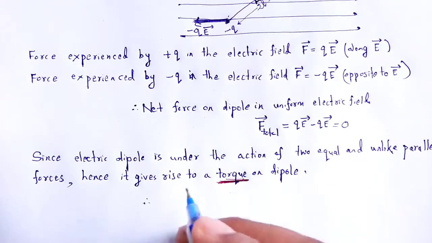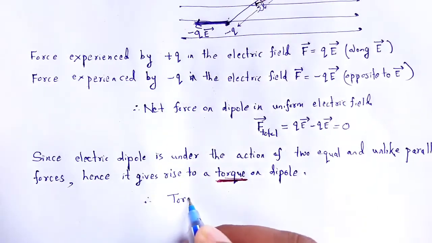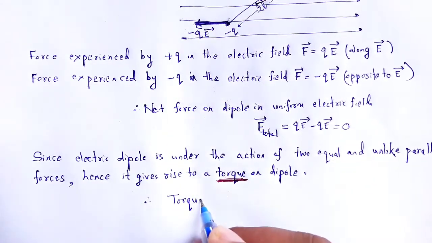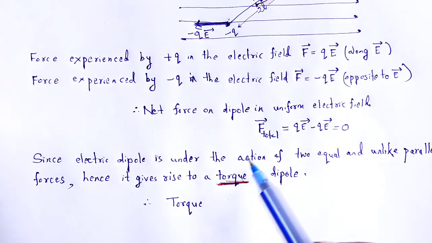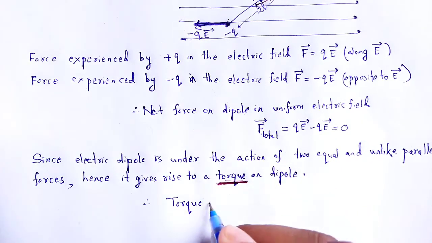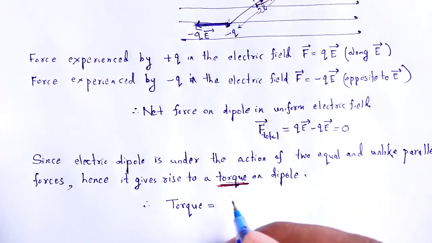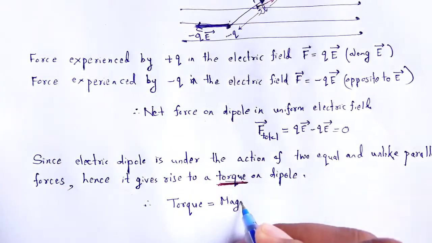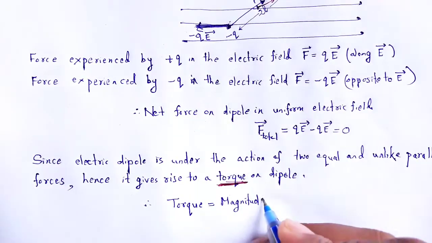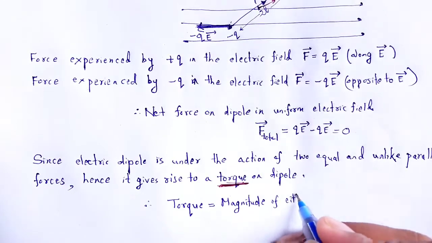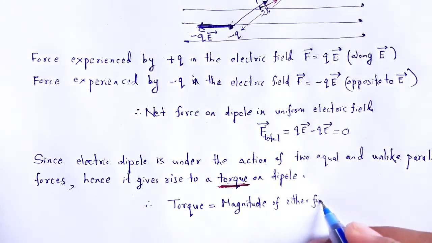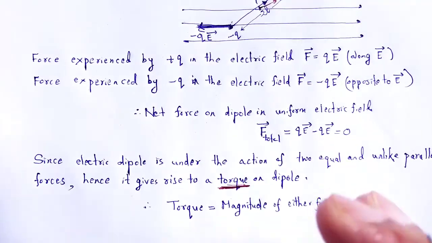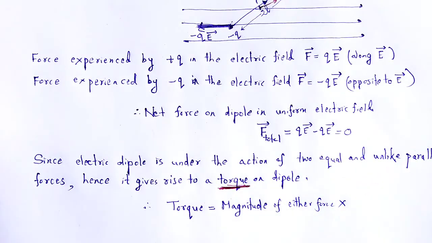Therefore, the torque acting on the electric dipole is given by the magnitude of either force into the perpendicular distance between the two forces.